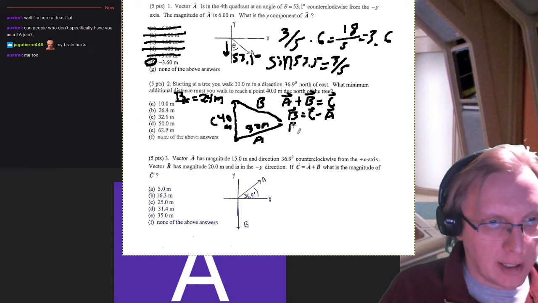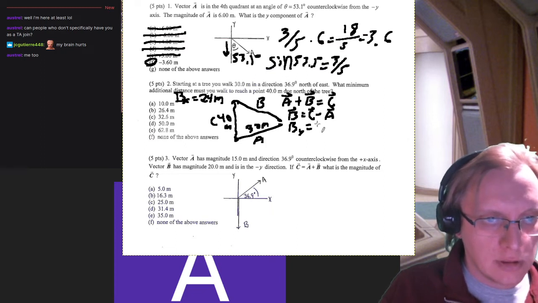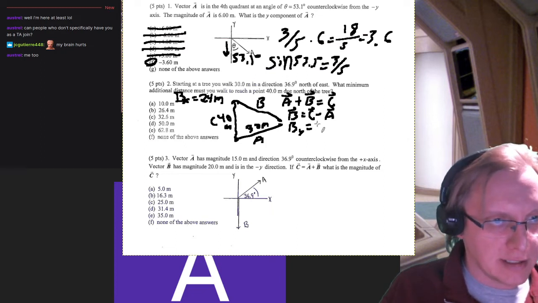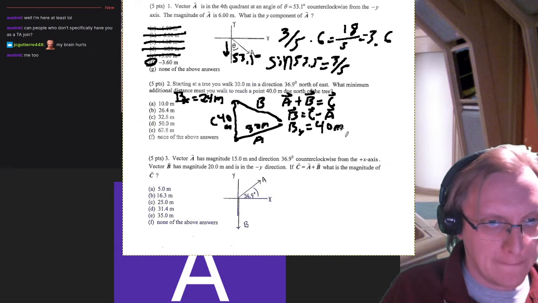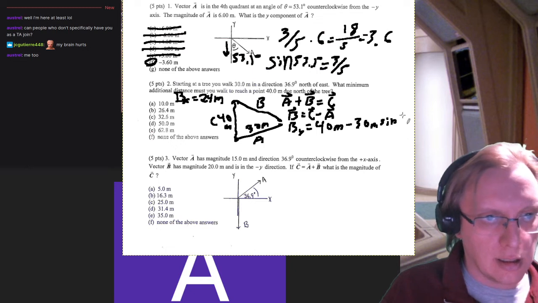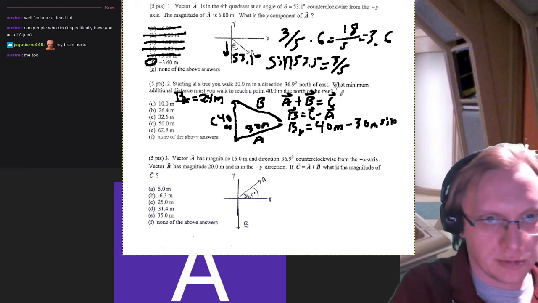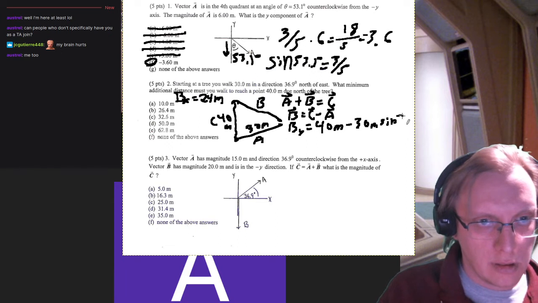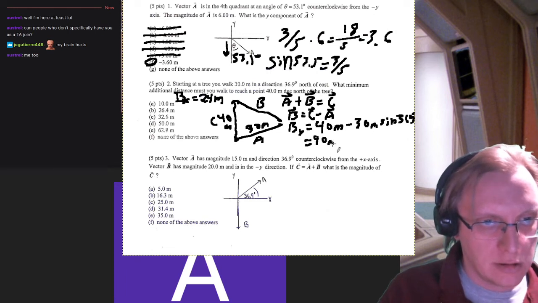Now we do the By, and so that is C, our 40 meters going straight up, minus the Ay, so there's 30 meters sine of 36.9 degrees, 40 meters minus 30 meters.